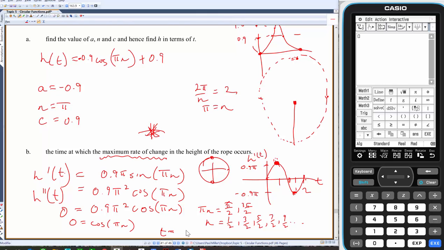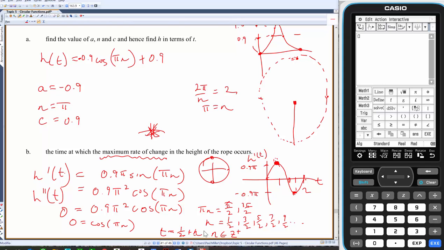The time when the rate of change is going to be at its maximum is a half second first of all, and then we're going to add plus n. So t is equal to a half plus n, where n is an element of Z positive. That's where I'm getting confused there, Z positive.